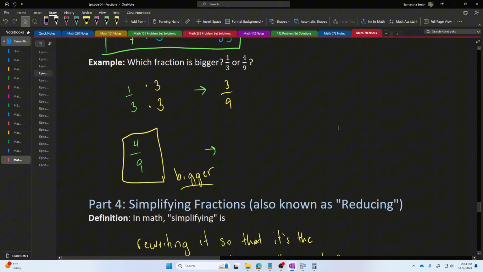Back in this example, when we were comparing 1 over 3 with 4 over 9, because 3 and 9 have a least common multiple of 9, all we had to do was change the first fraction so its denominator was 9, and we were able to answer the question pretty quickly that way.